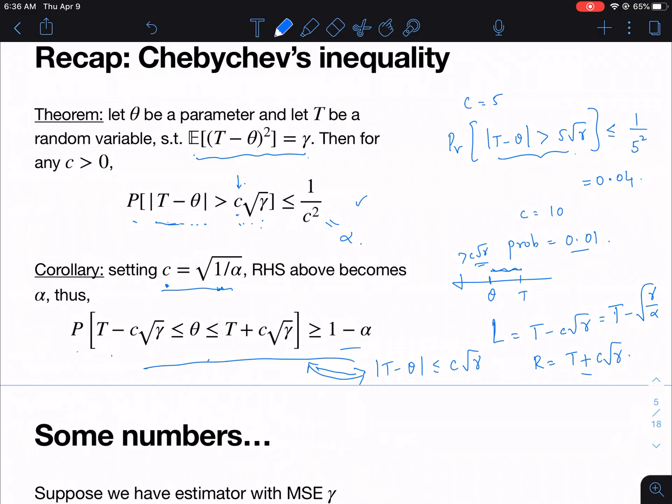L is now a new statistic, built from the estimator t. For this, note that it's important that gamma is known. Okay, so let's plug in some values for this in the next video.